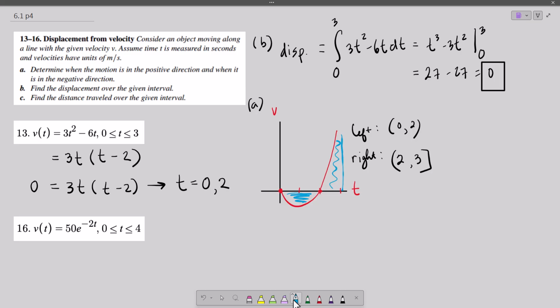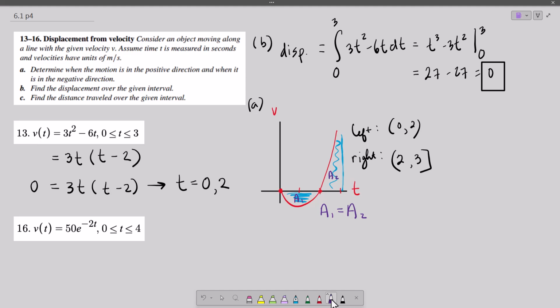So that gives us 3 ways to find distance traveled. If you know that these areas are equal, so this, call it area 1, this area 2, we could integrate from 2 to 3 and then double it. That would give us the distance traveled because the areas are equal.